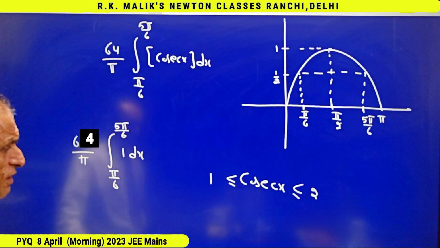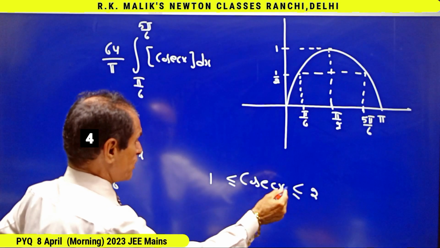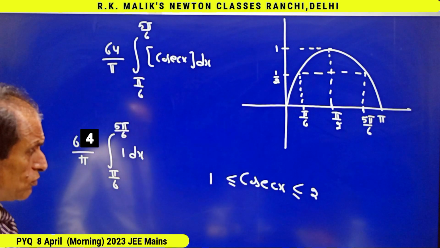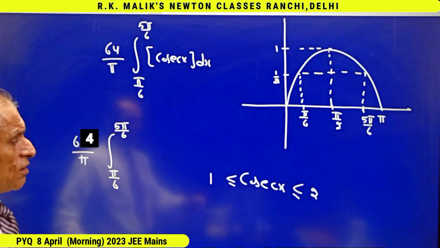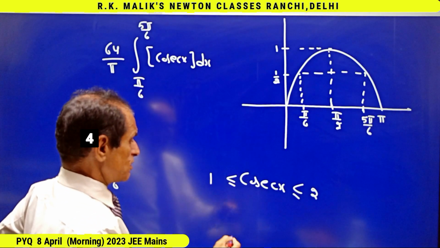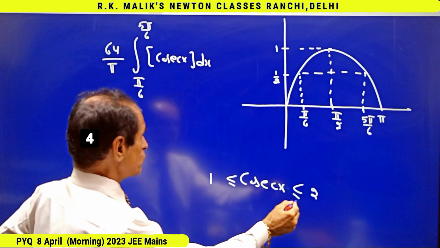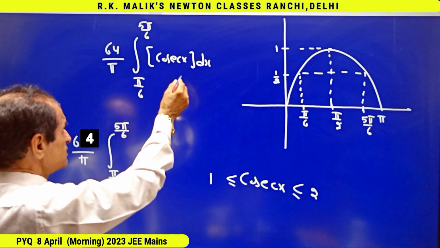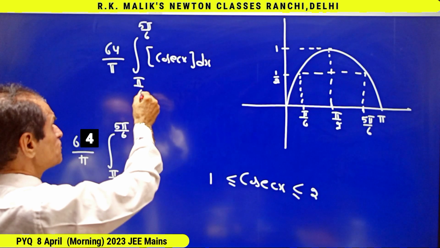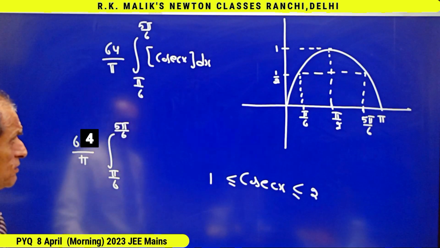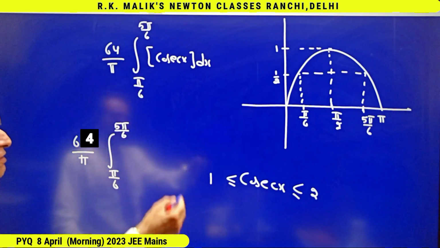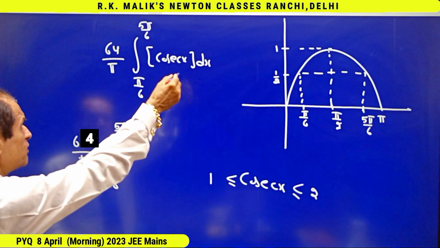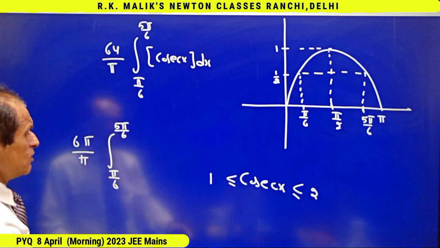But you may be thinking that cosec x can become equal to 2 also. Because cosec x lies between 1 and 2, box cosec x will always be 1 except when x is pi by 6 or 5 pi by 6. Otherwise, the value of box cosec x is always 1.